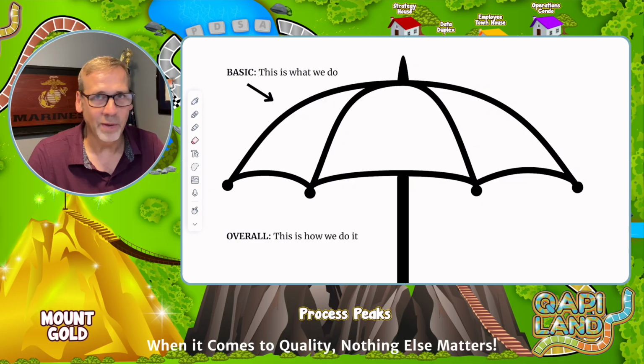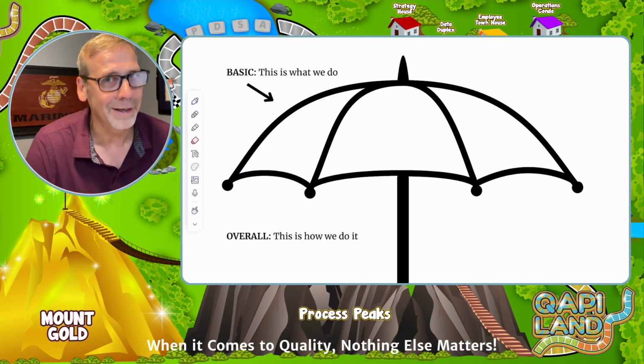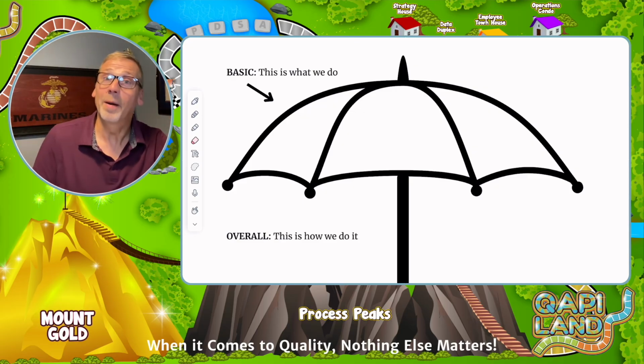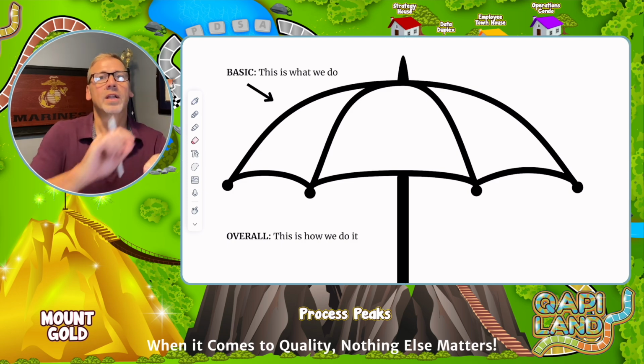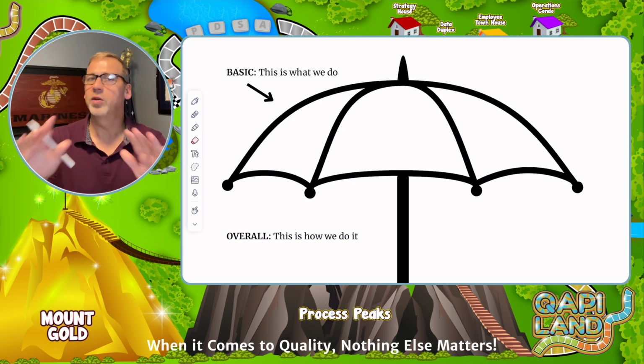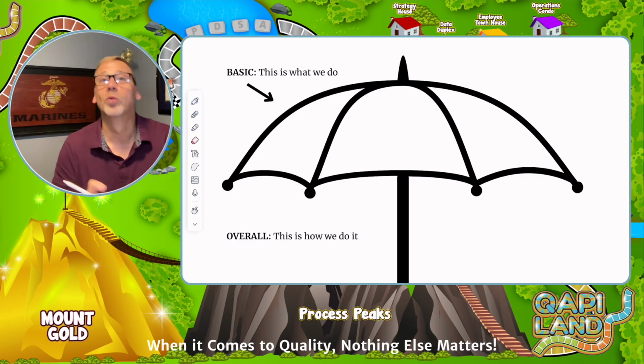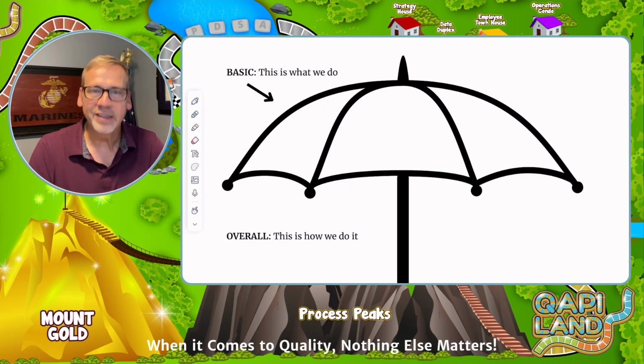Not to say that any question is not important, but just trust me when I say the basic question is pretty important. Two of the most important questions are the basic question and the question of learning. If you are answering the basic question right and the learning question right, you're in really, really good shape. So the basic and the overall.